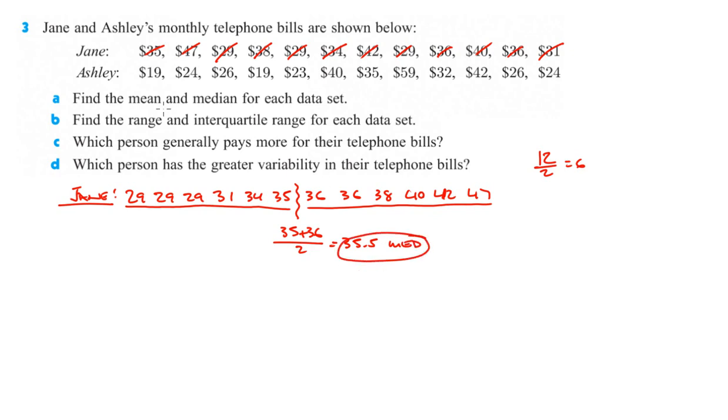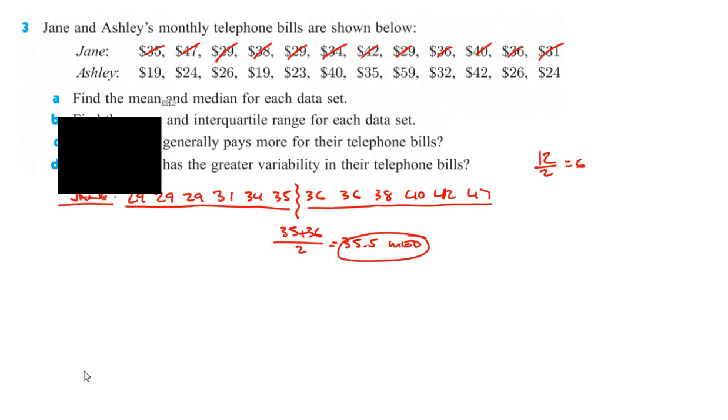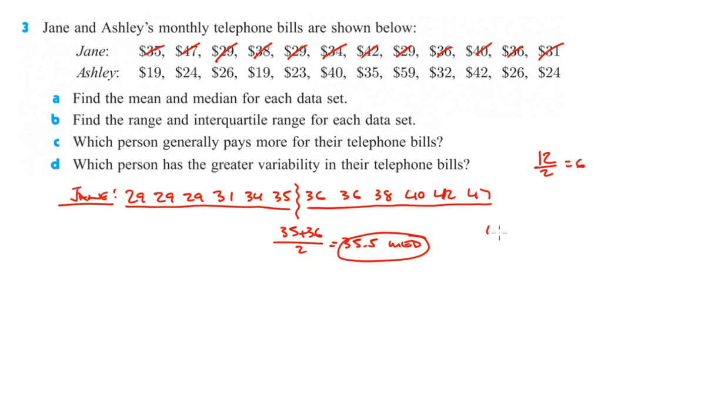Okay, and then for the mean, we have to add them all up and divide by 12, right? So let's do that. I'm going to simply add those all up, divide by 12, and then that will give us the mean. Added those all up, and that gives us 426.